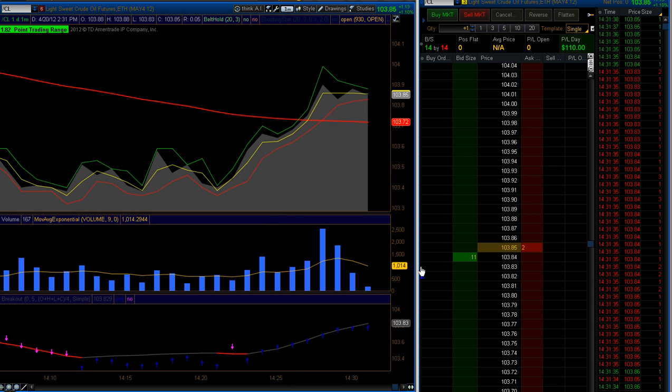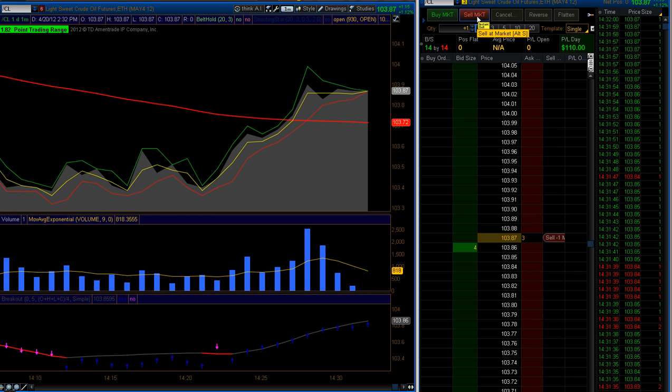Alright, now we can see it a little better. So are we going to tick down? I'm watching the median right now. Still hovering above the 86. Alright, tight squeeze.